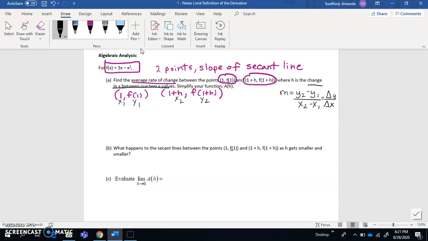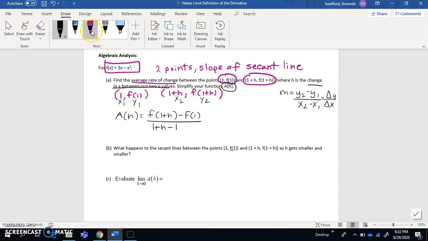So I labeled my points that are given to me, x1, y1, x2, y2, and I want to calculate the secant slope. And I'm going to call this secant slope a of h. So y2 minus y1 over x2 minus x1.